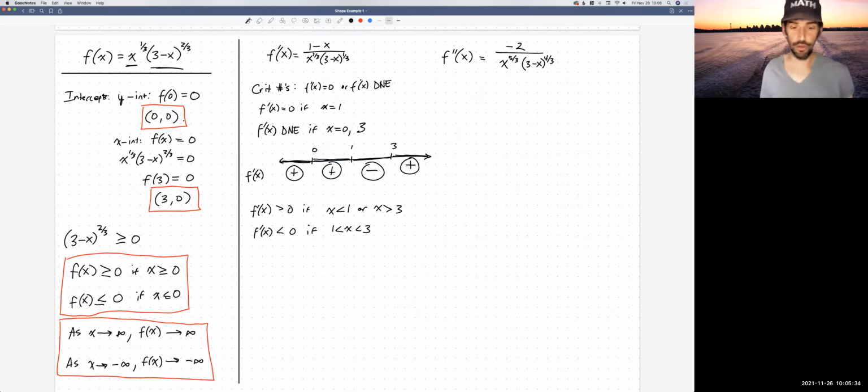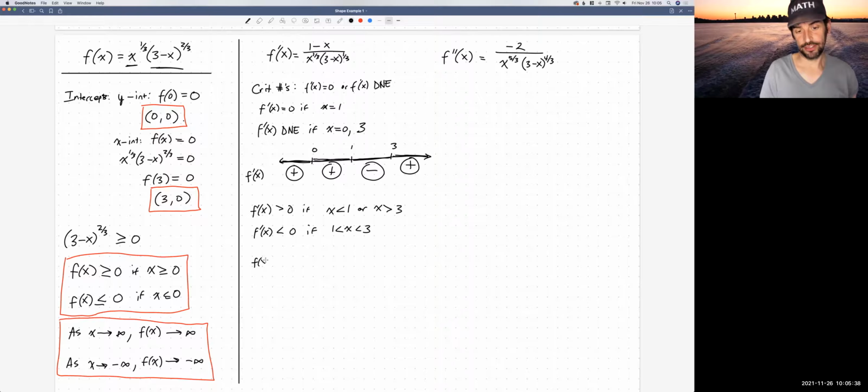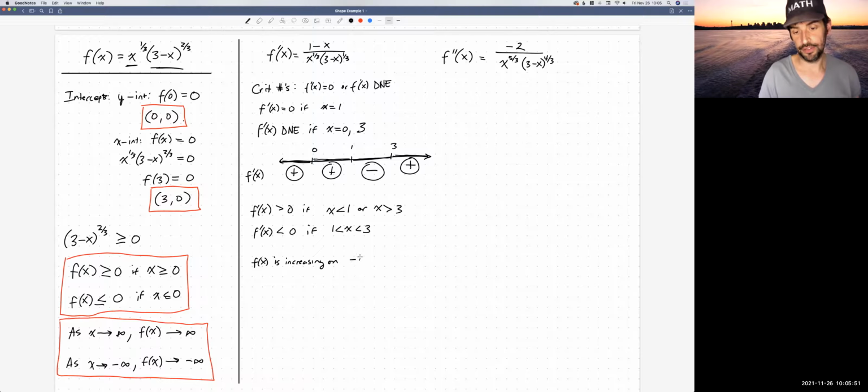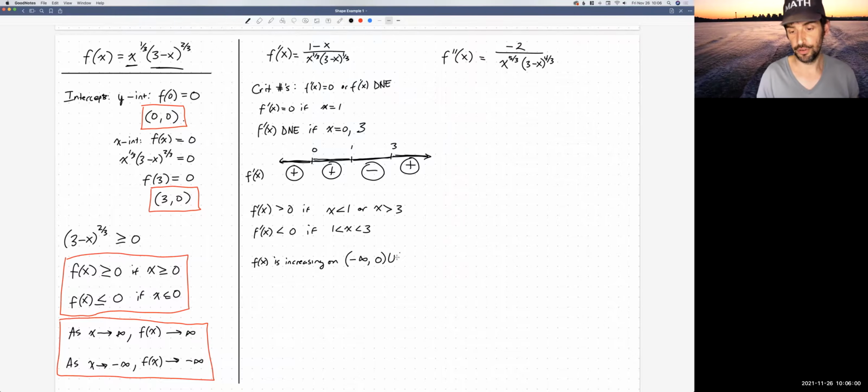What we know from this, we know a few things. F of x is increasing on, let's see, from negative infinity to 0, and then the union 0 to 1, and then also 3 to infinity.